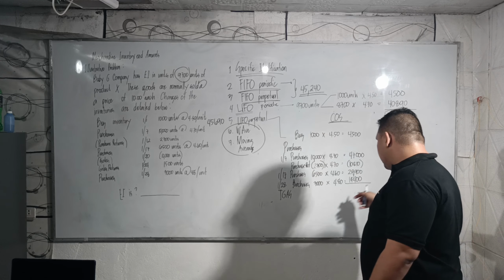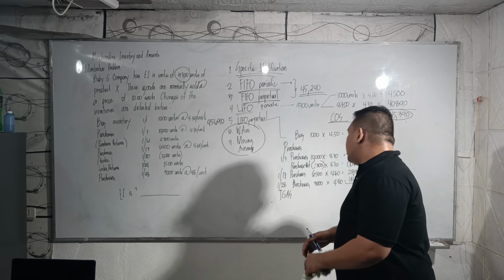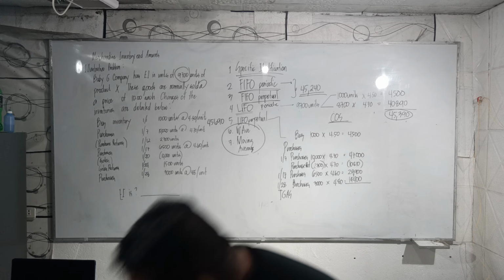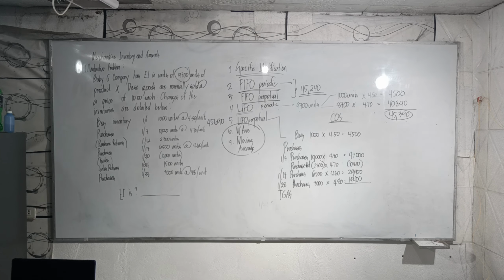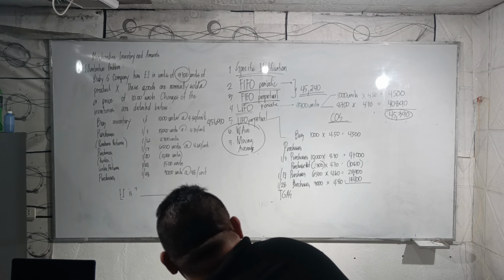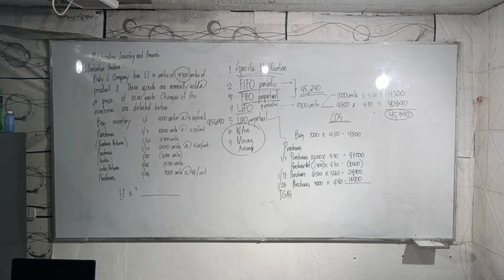Now, let's get the total goods available for sale. Let's start with the units. The unit so far is 1,000 plus 10,000, so 11,000. However, we returned the 2,300, and we bought another group, 6,500 units, plus 3,000.